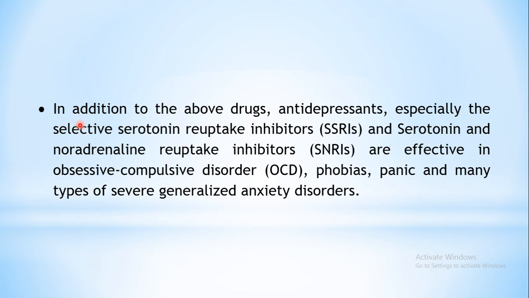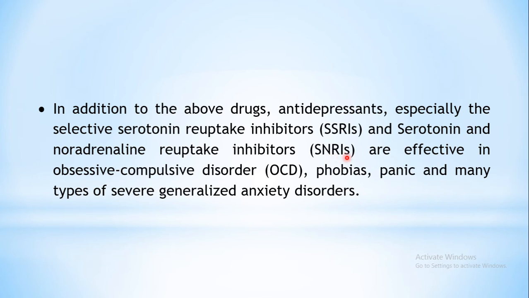Apart from these 4 classes which we have seen, there are certain antidepressant class drugs which are also effective in controlling certain types of anxiety situations. Classes like SSRIs, that is selective serotonin reuptake inhibitors, or SNRIs, serotonin and noradrenaline reuptake inhibitors.